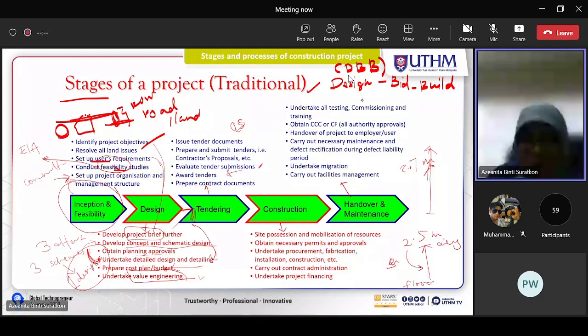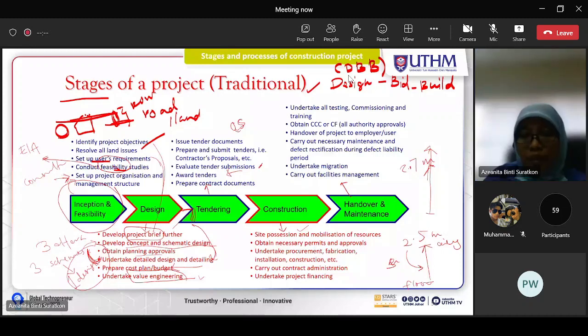Right, next is the construction stage, site possession. This is very important, site possession from the client to the contractor. With this site possession, the contractor can mobilize all his resources, his plant, equipment, and labor to the site.